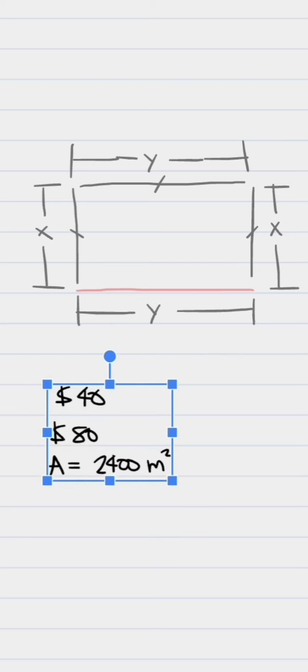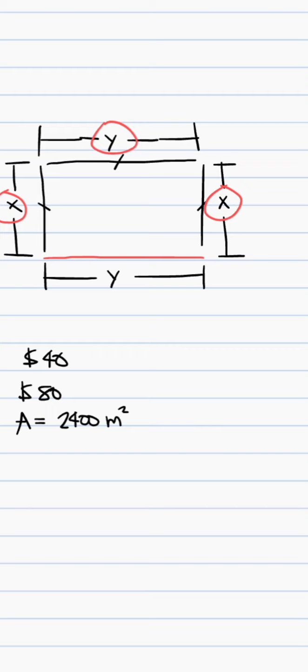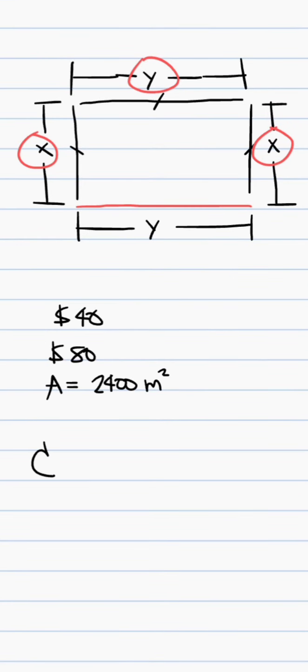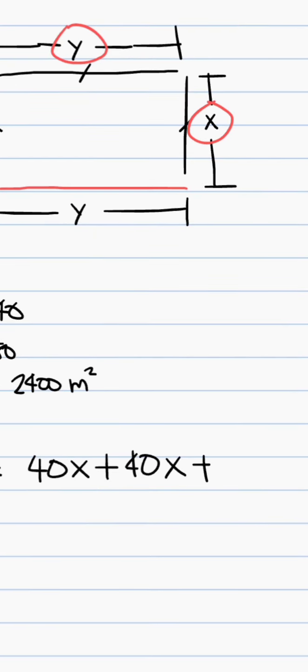So in our problem, we are told that this side and this side cost the same, or in other words, it costs $40 each. So we can say that the total cost of our fencing material is 40 times x, plus this one, 40 times x, plus 40 times y.